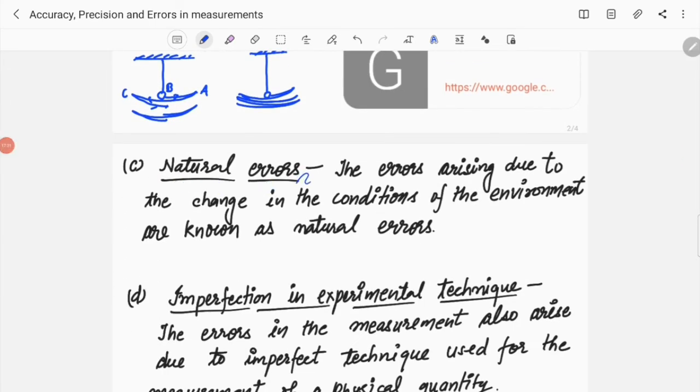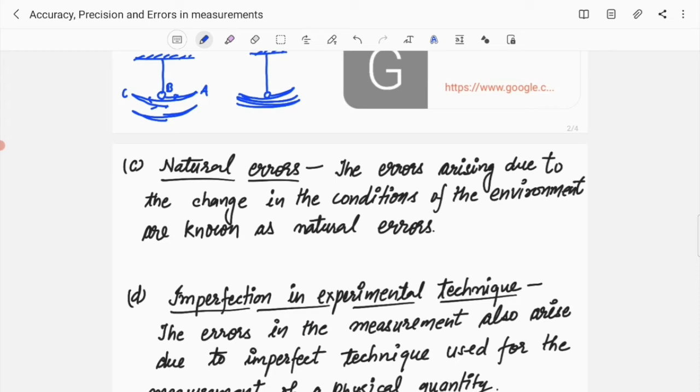Okay, the next one is natural errors. The errors arising due to change in conditions of the environment are known as natural errors. For example, if we are going to perform an experiment at two different places, like measuring the resistance of a wire from Ohm's law, with one place my own place, in Himachal, and another in any plain area.